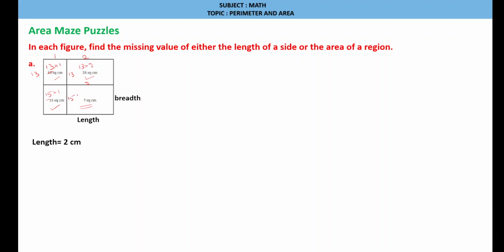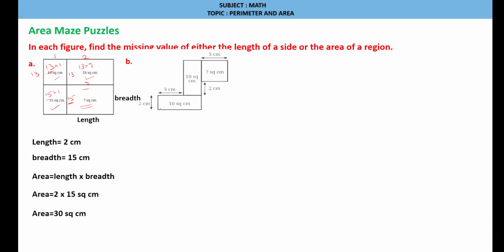Therefore, the length is 2 centimeters and the breadth is 15 centimeters. Thus, area is equal to length into breadth. Therefore, area is equal to 2 centimeters into 15, nothing but 2 into 15 square centimeters. Therefore, area is equal to 30 square centimeters.